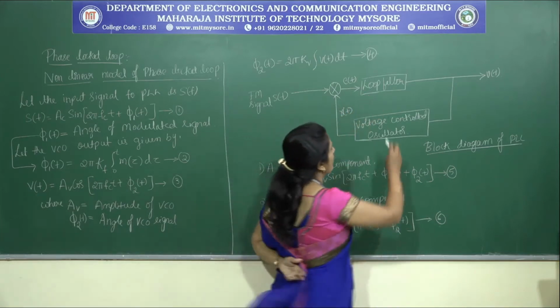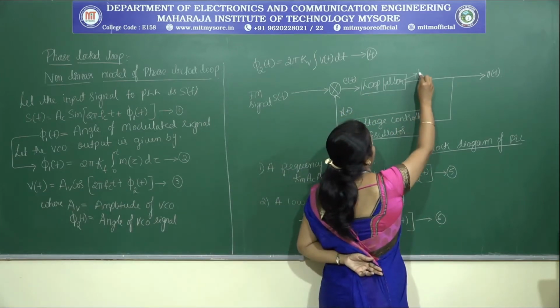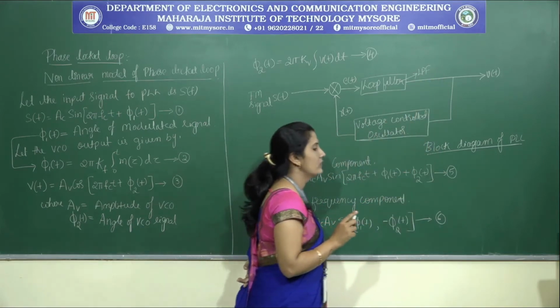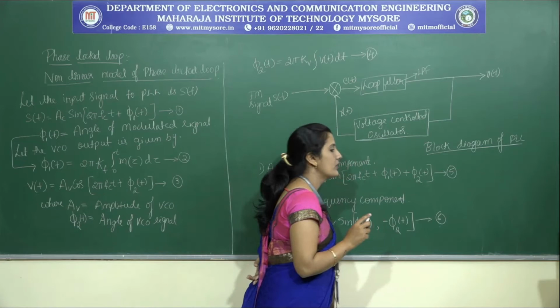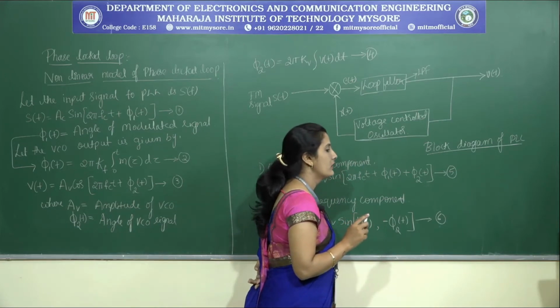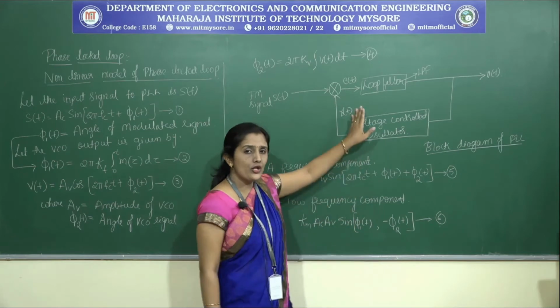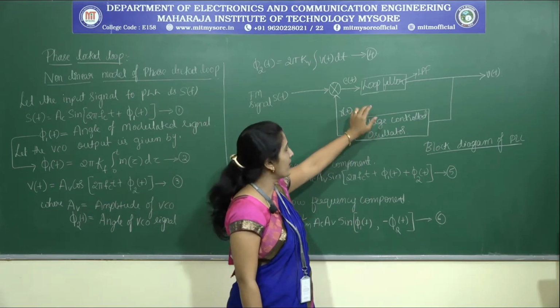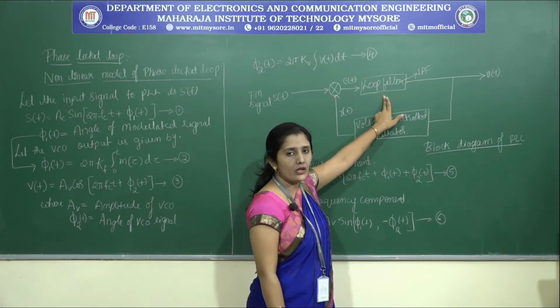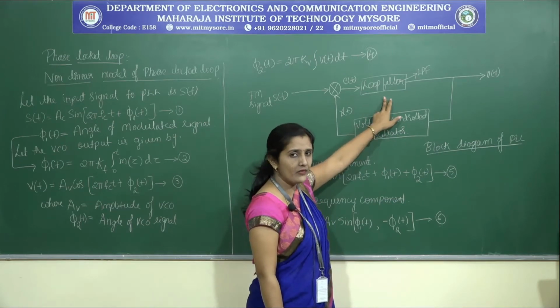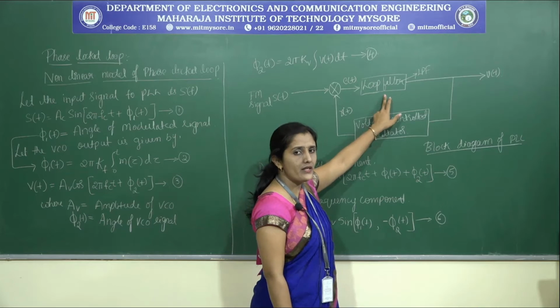The loop filter is nothing but a low pass filter, where the response to high frequency components is negligible. So it will neglect the high frequency component at the low pass filter.